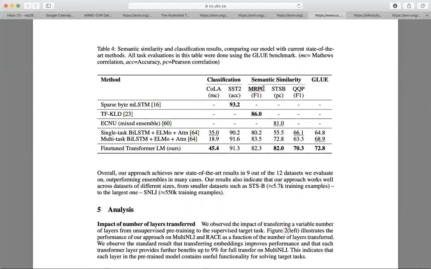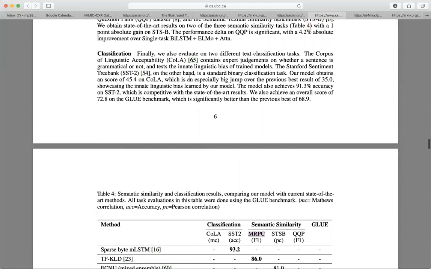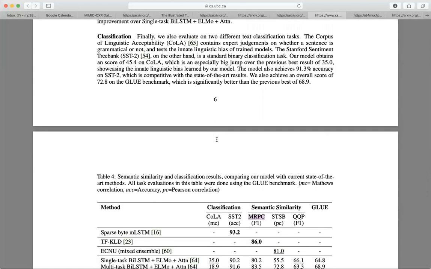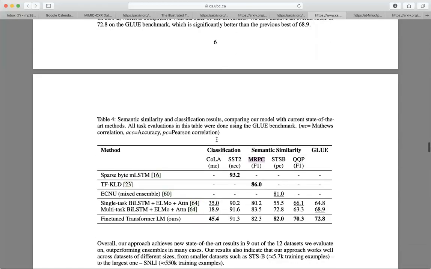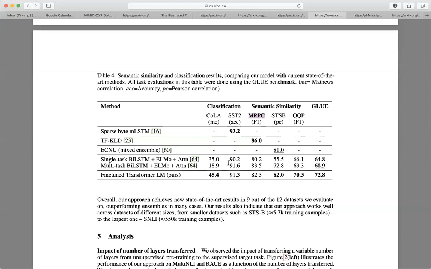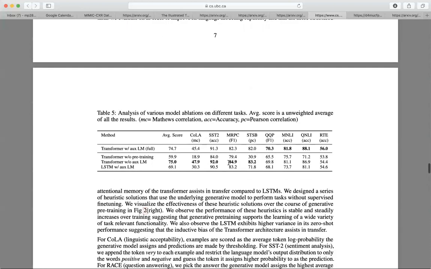MRPC, I'm not sure what MRPC is. Microsoft Paraphrase Corpus. Anyway, so it's a bunch of tasks, but not as extensive or comprehensive as BERT, because they were using GLUE and SQuAD and all that. I think here they're mostly just a subpart of the GLUE datasets.